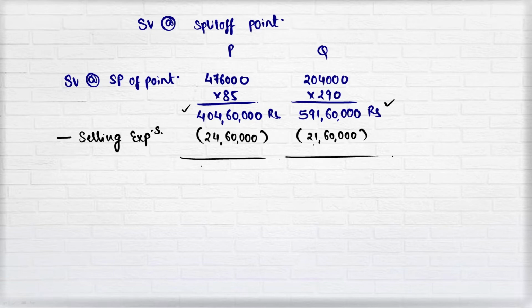What is the answer over here? 380 lakhs. And here it is 570 lakhs. See why I am telling you to deduct the selling expenditure, try to concentrate. I am again drawing that chart so that it becomes easy. This is a common process.